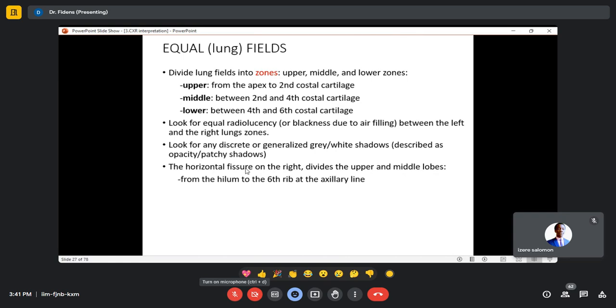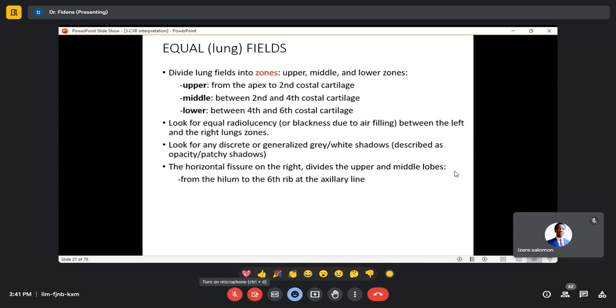Remember that this divides the upper and middle lobe on the right side when it is there. But generally, you can't see the fissures. When you cannot see them, you use zones now. When you are looking at the lungs, check the left and the right zones. Check the upper zone very well and compare the middle zone and the lower zone. Okay, is it okay here?